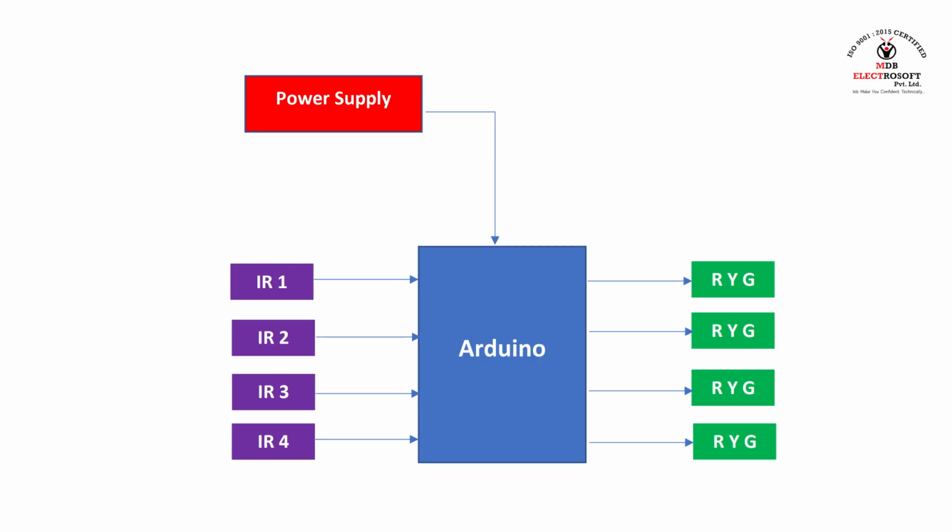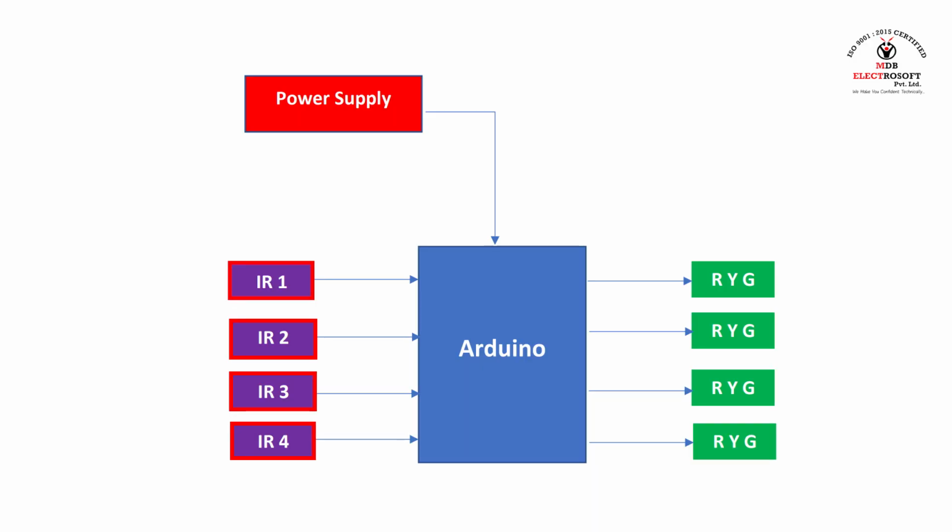As can be seen in the block diagram, and we have already mentioned in our component list, we are going to use Arduino. We can use different variants of Arduino, but here we will be using Arduino Uno. Arduino Uno will act as the controller of this project and will control all the systems in this project.